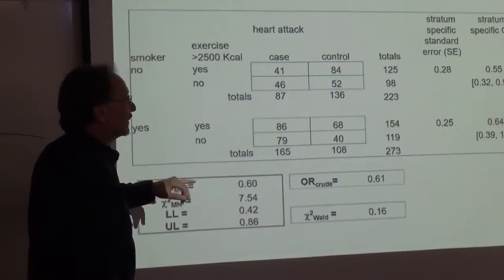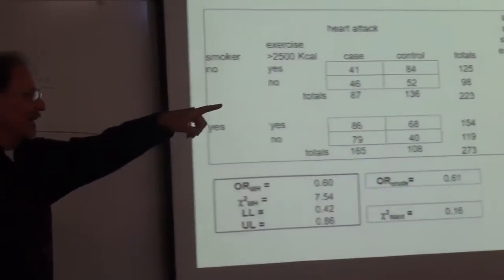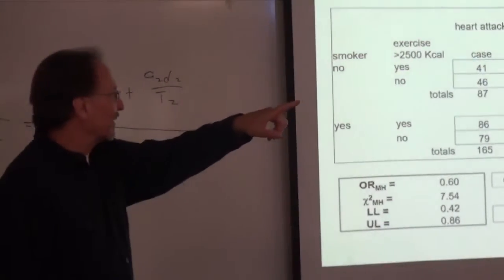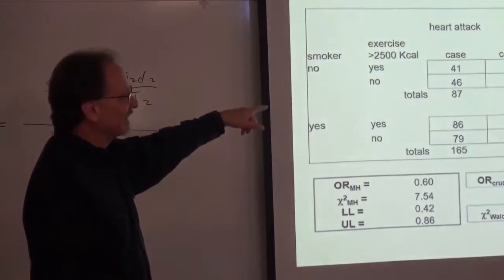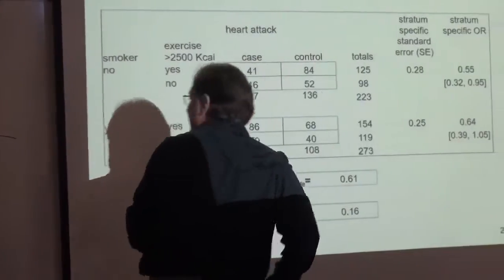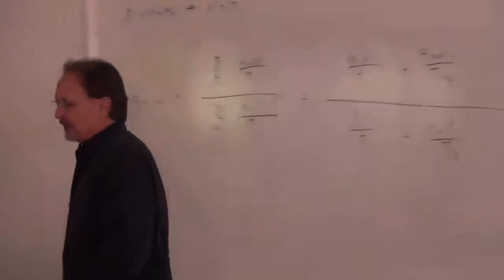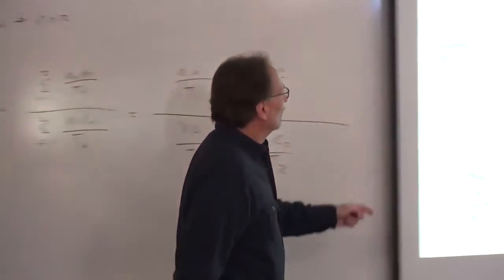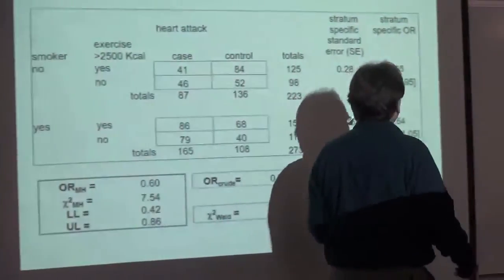So the Mantel-Haenszel, like that formula shows you, takes both strata into account, as does the crude. Because what you end up with for the crude odds ratio is collapsing these two together.